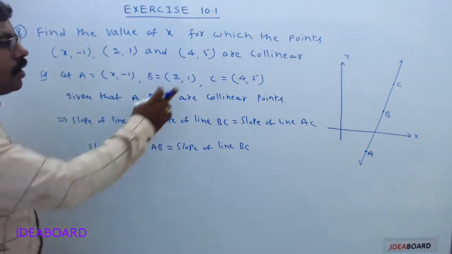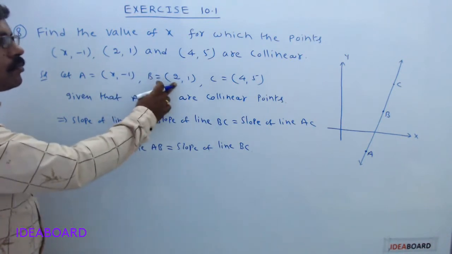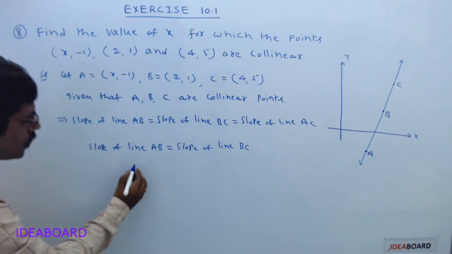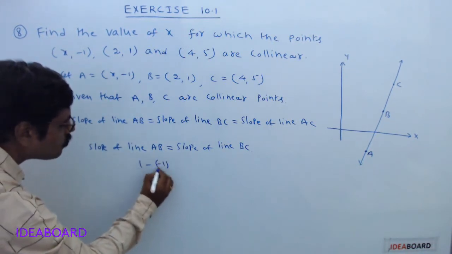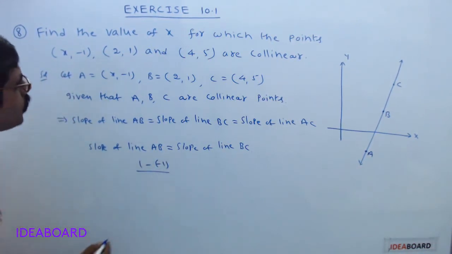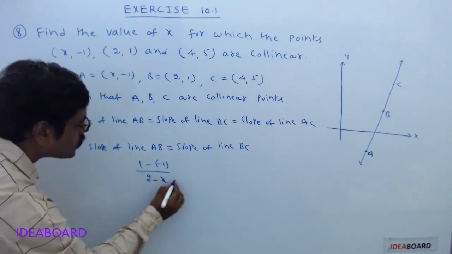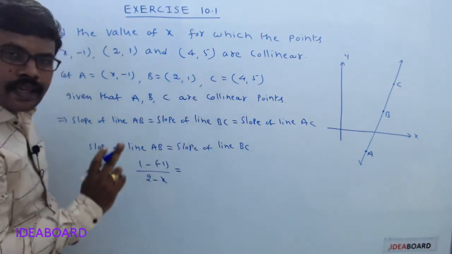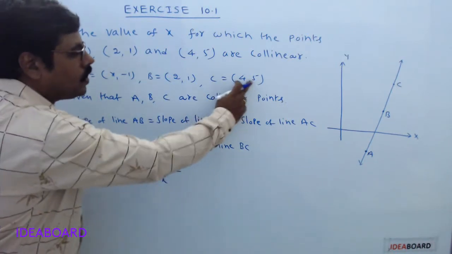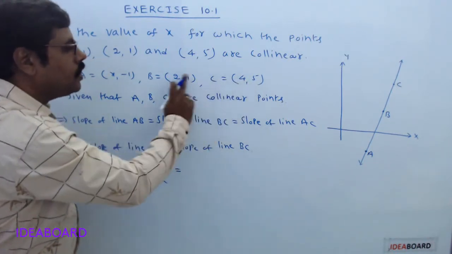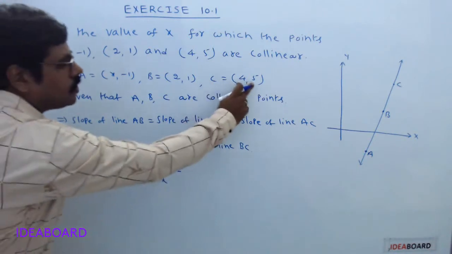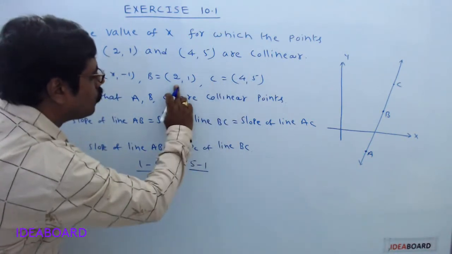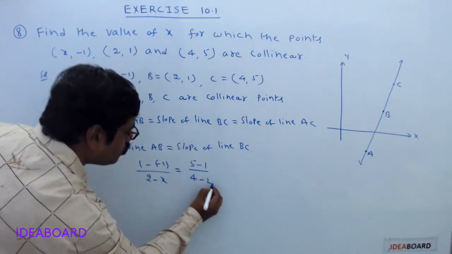So slope of line AB is 1 minus (-1) divided by 2 minus x equals slope of line BC. Again apply the formula: it is 5 minus 1 divided by 4 minus 2.